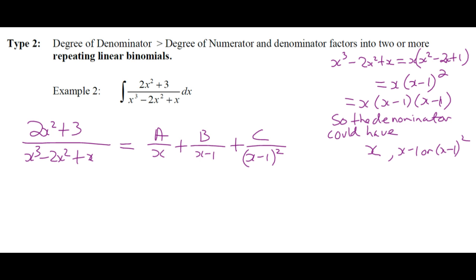Now, it could be that one of A, B, or C is 0, right? We don't know, but we have to take into account all the possibilities. So when we have a repeating linear binomial, there could be an x minus 1 factor, right? That's part of this, and there could be an x minus 1 quantity squared. So we got to deal with A, B, and C.